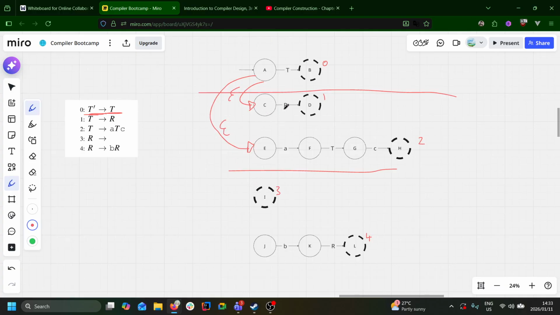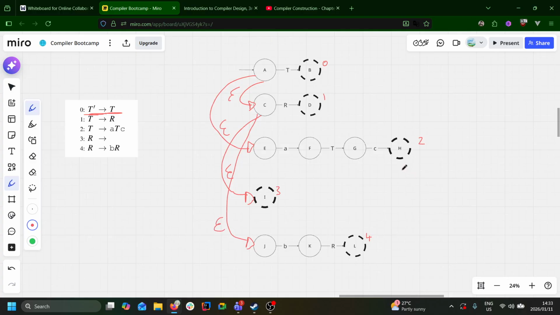And we do that for every outgoing transition as well. So let me get my eraser, this pen tool. So we do that for this. This has an outgoing transition with R. So we're going to add a transition from here to there, which is an epsilon. And then another transition from here to there, which is another epsilon transition.